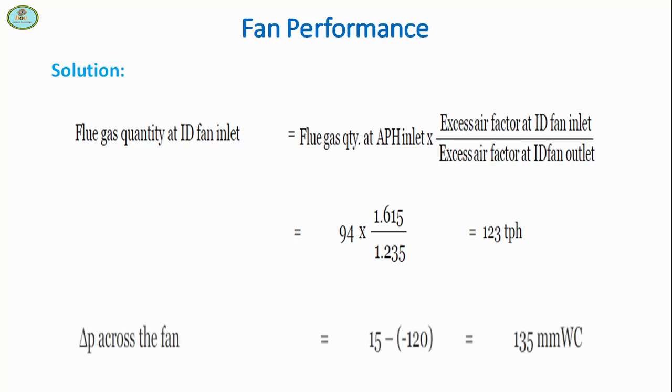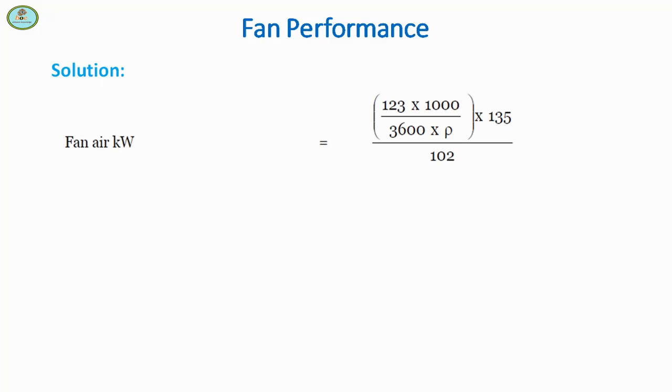Delta P across the fan is 15 minus (−120), which is equal to 135 mmWc. Fan air kilowatt is equal to 123 × 1000 divided by 3600 × rho × 135 divided by 102. Density of air at ID inlet is 273 divided by (273 + 120) × 1.293.